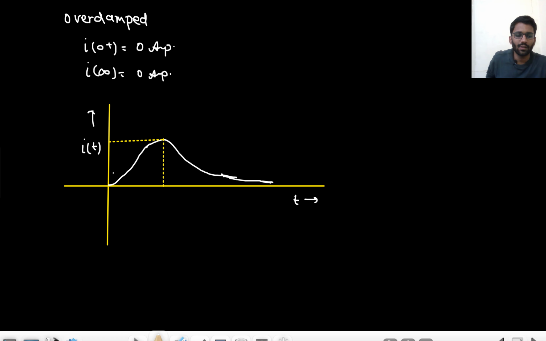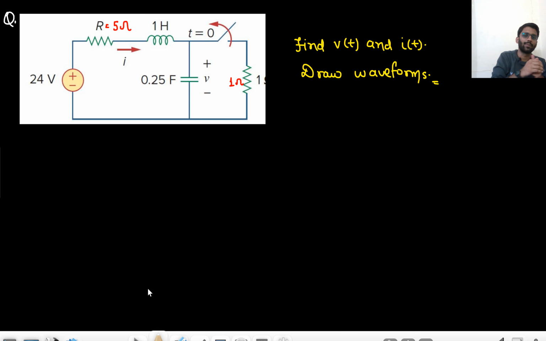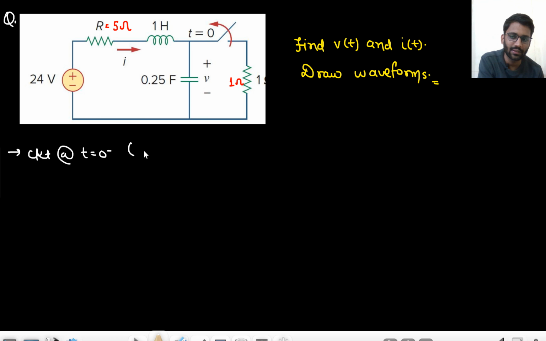Okay, now the last problem, this is the problem. You need to find the expression of Vt and It and then draw the waveforms. So now what is the condition? For t less than 0, the circuit at t equals 0 minus, steady state would have been reached, right? So the inductor will be replaced with a short circuit.